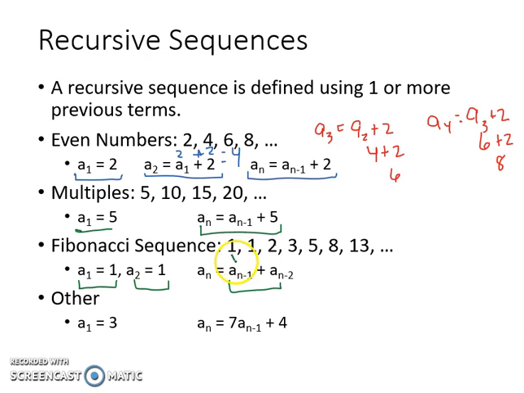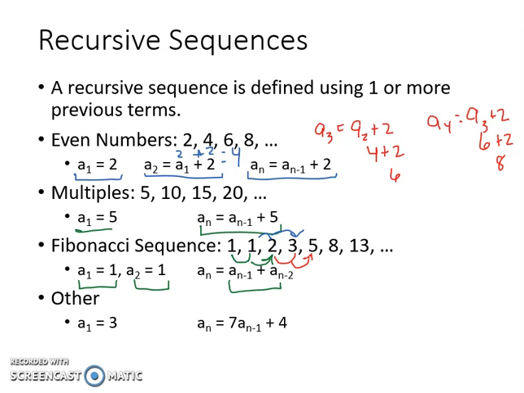So we can see 1 plus 1 gives us 2. Then we have 1 plus 2 gives us 3. 2 plus 3 gives us 5. And we can keep doing this to find our following terms.